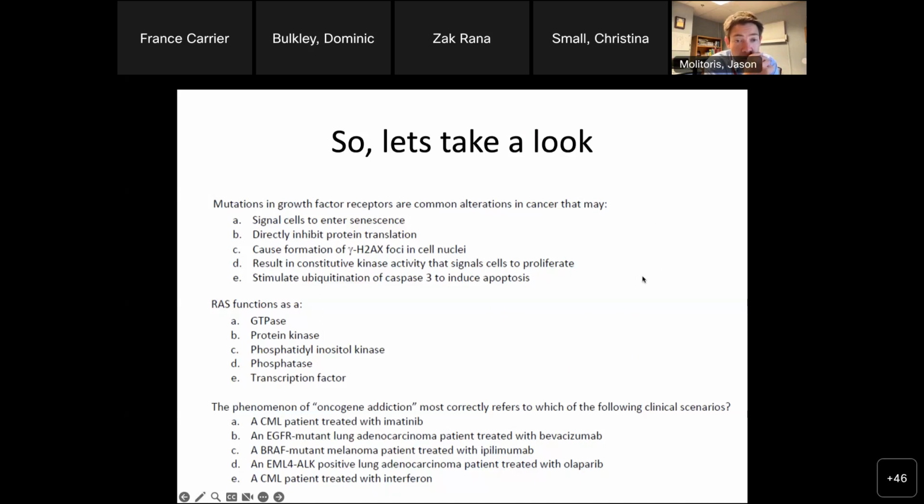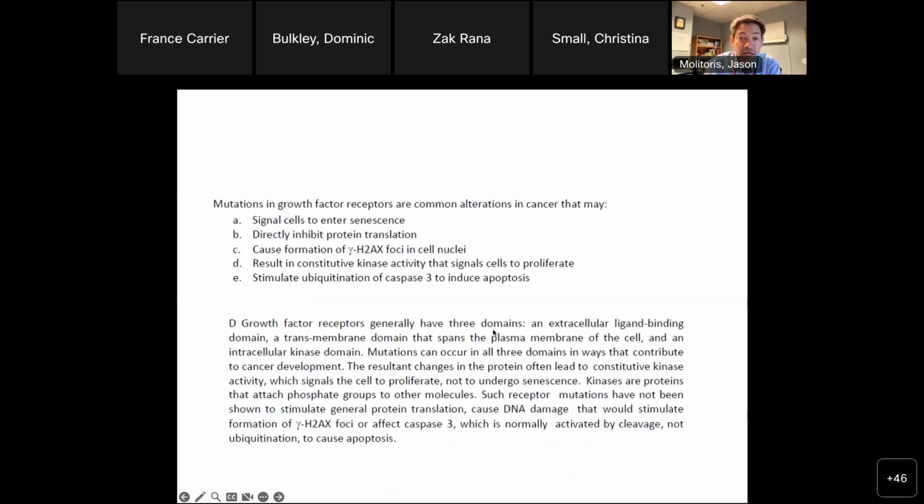Again, maybe not the most pro-oncogenic thing. Formation of gamma H2AX foci in cell nuclei is something that happens with radiation and DNA damage. Constitutive kinase activity to signal cells to proliferate sounds promising. Or stimulate ubiquitination of caspase-3 to induce apoptosis? If we induce apoptosis, we're not pro-oncogenic. So I would vote D based off of what we've talked about today, and that is the case.